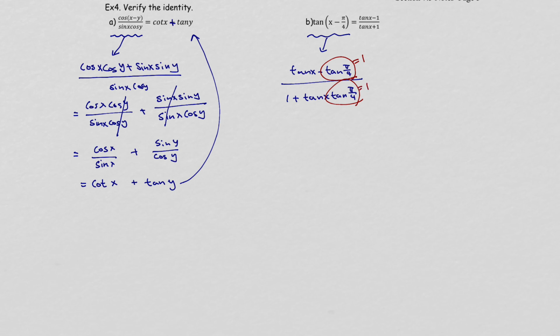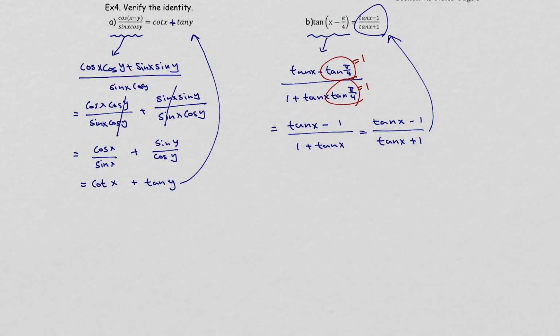So when we replace that, we will say tangent x minus 1 over 1 plus tangent x, which is going to be the same as this. It's just the denominator switching the order, having a tangent first, right? And that's how we can verify it. Left side is equal to right side using the addition and subtraction formulas.